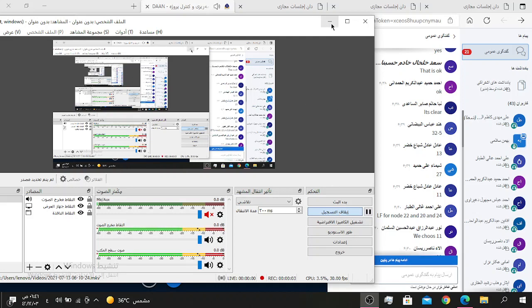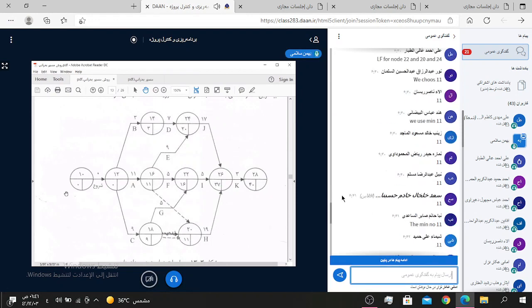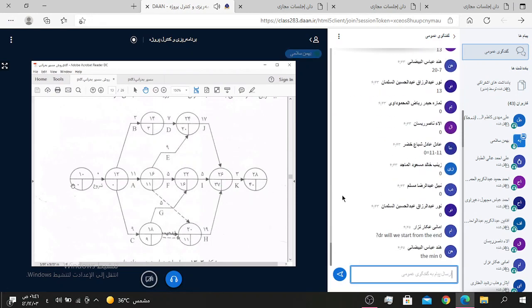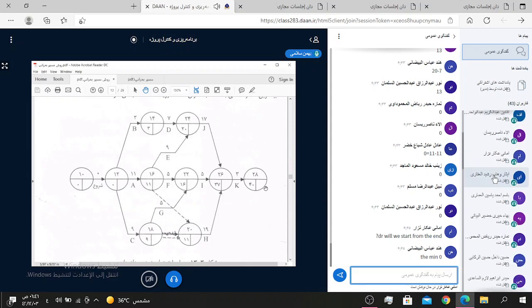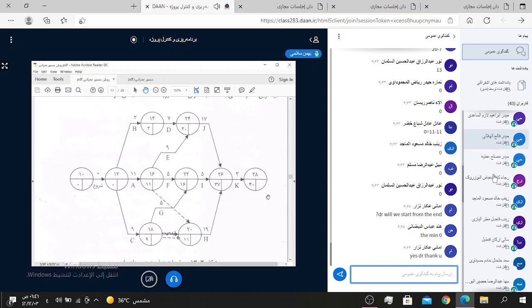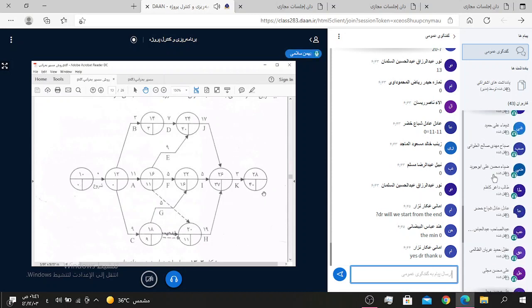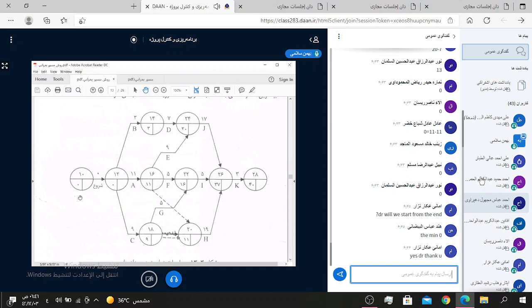For calculating the ES, we use the forward method, start from the end, and for calculating the LF, we use the backward method and start from the end and go to the start.